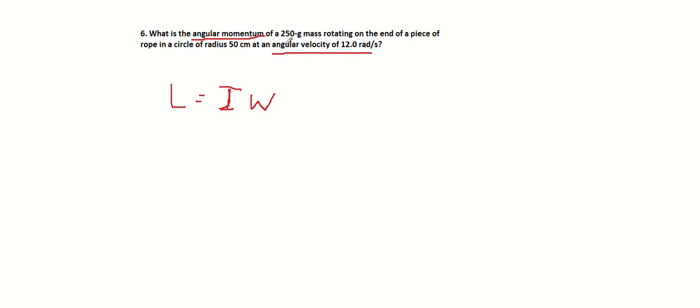Ang kailangan natin ngayon is yung moment of inertia. Based sa given, meron tayong 250 gram mass at radius na 50 cm. Katulad kanina, yung basic formula for moment of inertia, since circle na may radius na 50 cm, gamitin natin yung mass times radius raised to 2.